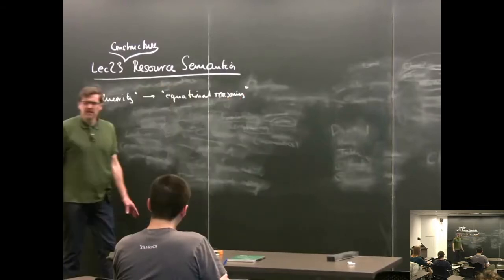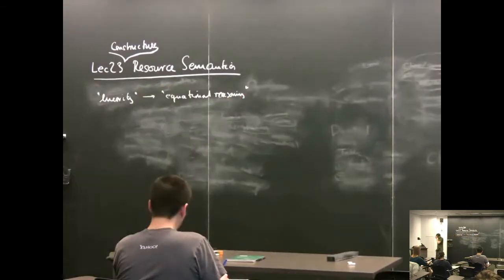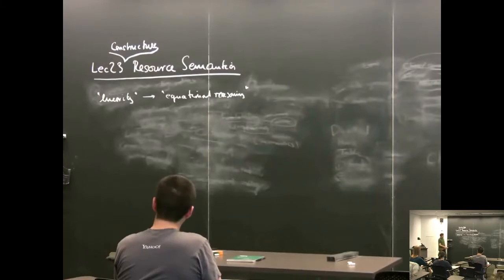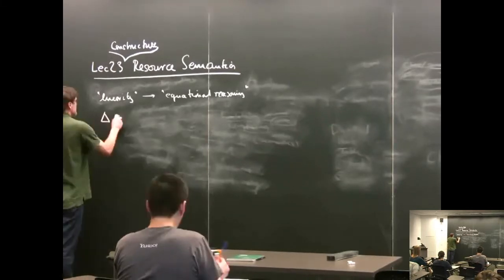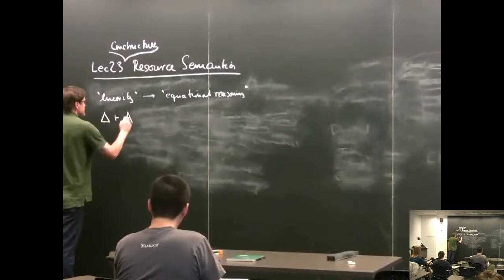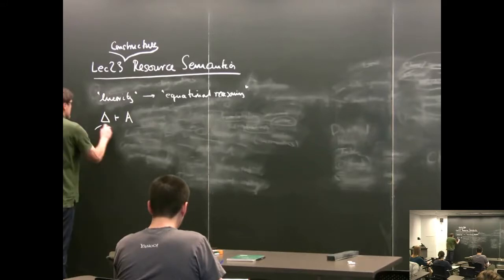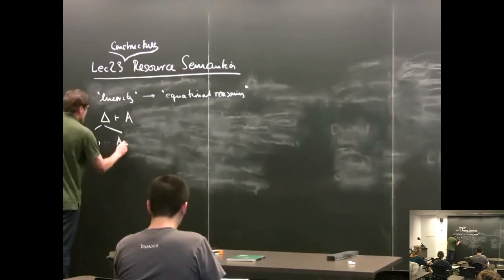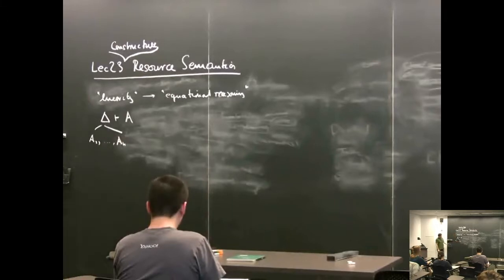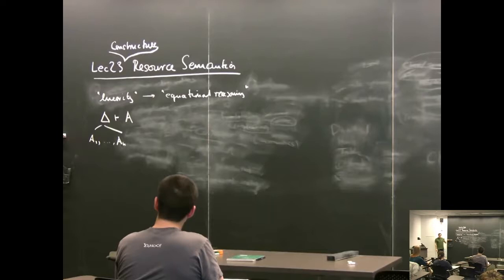So let's see if we can pursue this. We'll just do the purely linear case to begin with, as usual, so we can focus on the essential thing. If we have in linear logic a sequent where from delta I can prove A, and delta might be something like A1 through AN, I'm going to say these things are resources, and I'm going to label each of them uniquely.